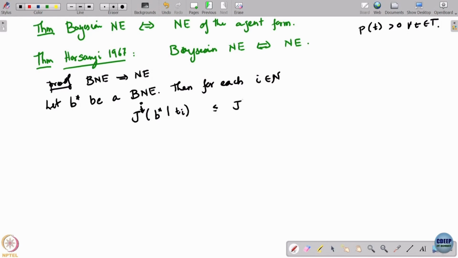This is less than or equal to Ji of Bi comma B minus i star given Ti. Now, this is a behavioral strategy. So, given the type, I am choosing a pure strategy, for each type. Again, I did not mention this, but there are finitely many pure strategies for the player.